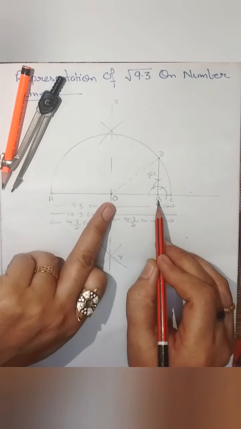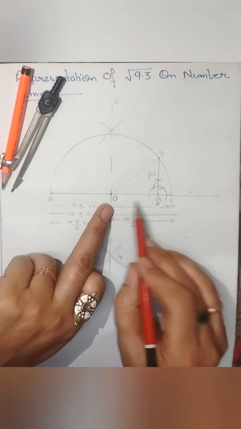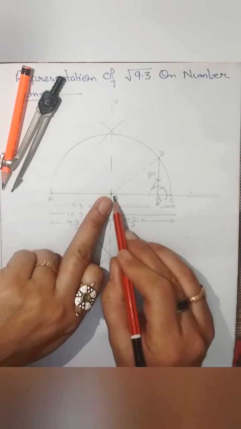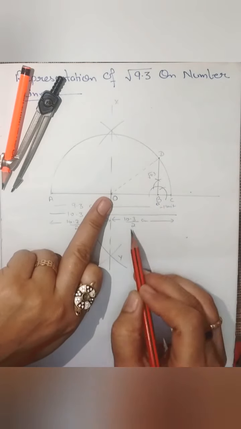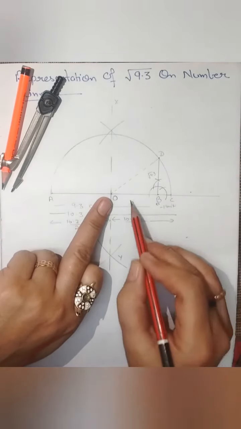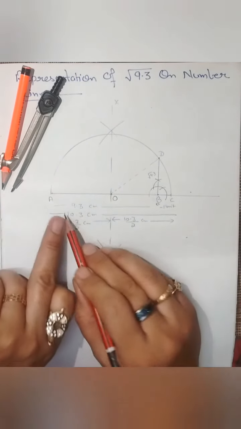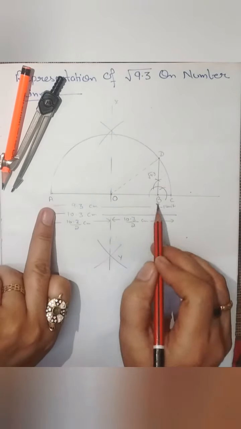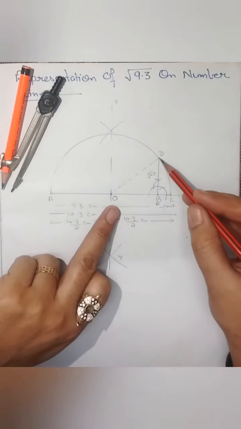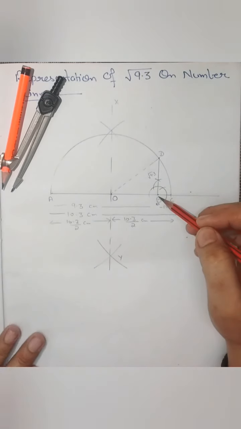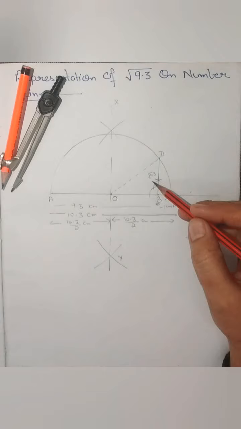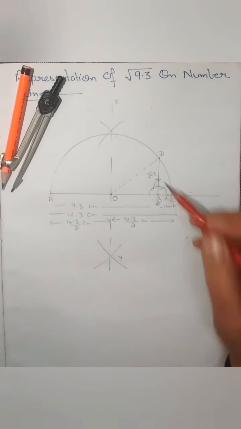OB is known, and OC is also known. OC is equal to 10.3 upon 2. OB is also calculated with the help of AB minus OA. So you can find BD by Pythagoras theorem. This will be equal to root 9.3.